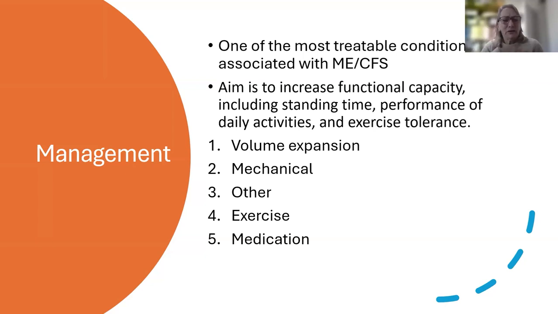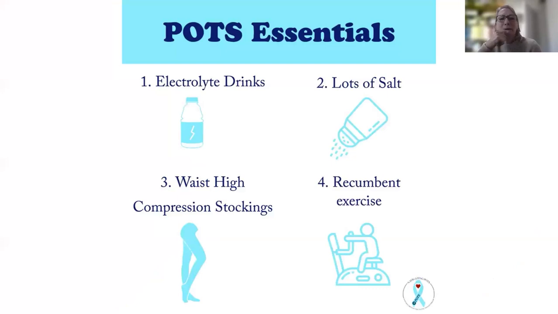And there's 5 main strands to the management. The first is volume expansion. The second is mechanical methods. There's a whole list of miscellaneous stuff, and there's exercise, and there's medication. And just a little summary of probably the most important essentials for people with POTS: electrolyte drinks, salt, compression, and recumbent exercise.